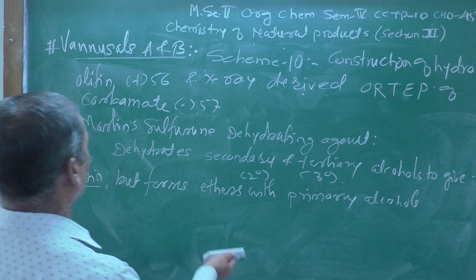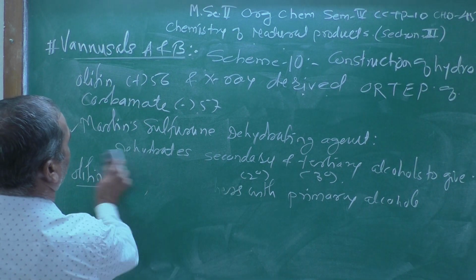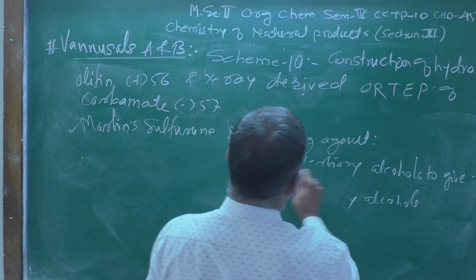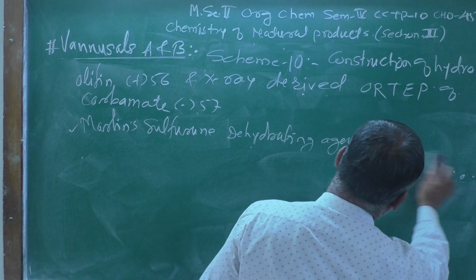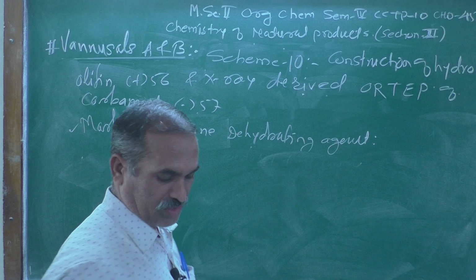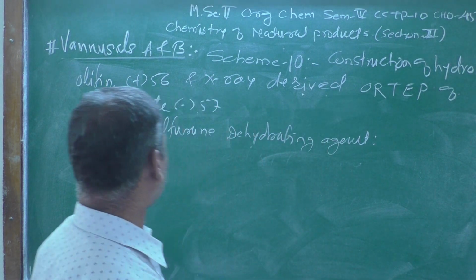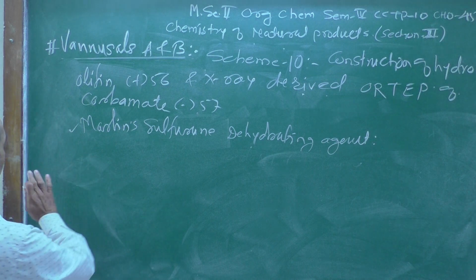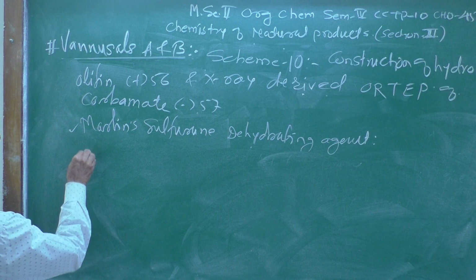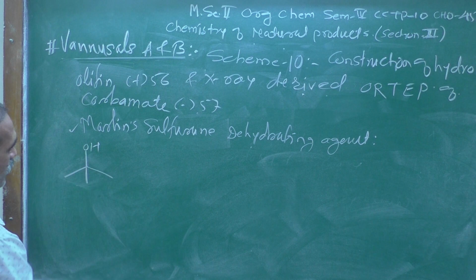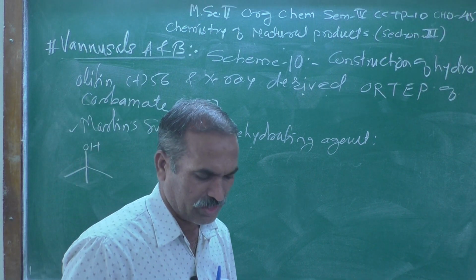Now let us see Martin's sulfurane dehydrating agent. The example we are going to discuss is this one. Let us take the first example, OH, which is a tertiary alcohol, everybody knows that.